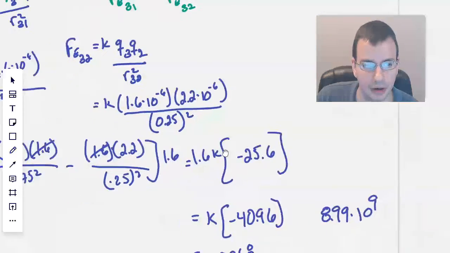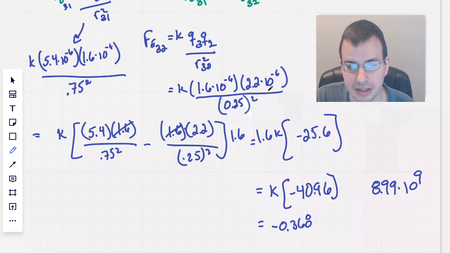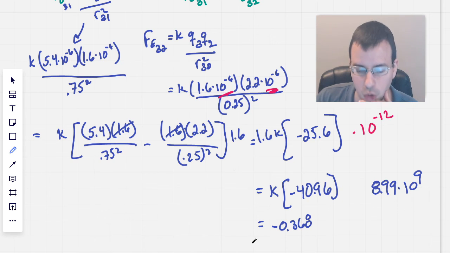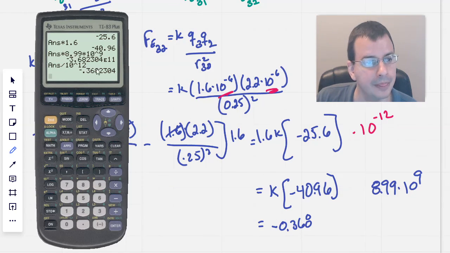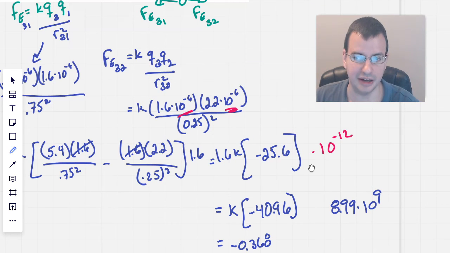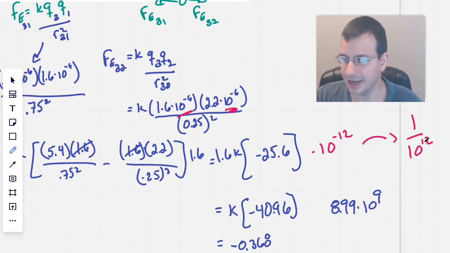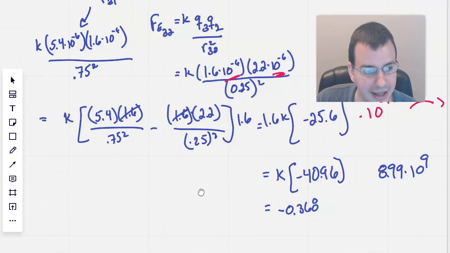So what I forgot there was, when I factored things out, what I forgot to carry with me were these guys right here. 10 to the negative 6 times 10 to the negative 6. And so this should actually be times 10 to the negative 12th as well. So when I divided by 10 to the 12th, that's the same as multiplying by 10 to the negative 12th, which is the same as 1 over 10 to the 12th. So that's what I did with my calculator.